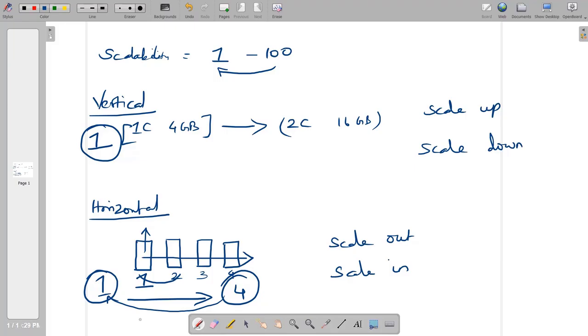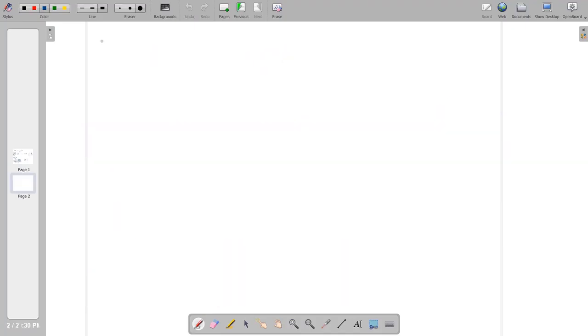So if you're not really happy about your existing configuration in your organization, be it cloud or on-premise, you need to understand which scalability is suitable for you, either vertical or horizontal. With this understanding, we will try to understand how virtual machine scale set works. For this, there are certain parameters which are important.